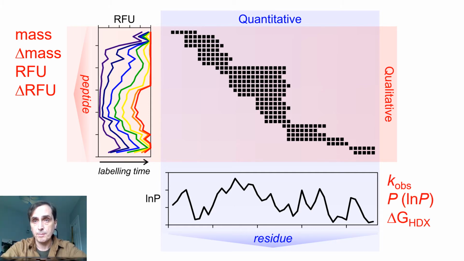So the observed exchange rate of each amino acid can be obtained, or the protection factor, which is a derivative of the observed exchange rate, which is a number that reports how different the exchange rate of an amino acid is relative to a random coil, and from that you can then also determine the delta G HDX, which is the difference in free energy between the exchange competent and the exchange incompetent state.